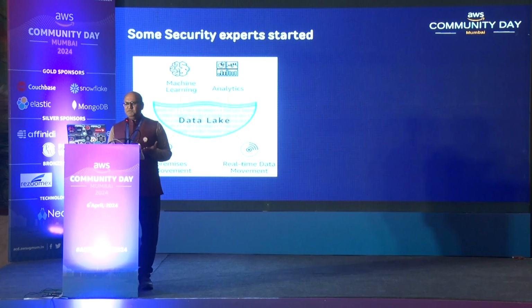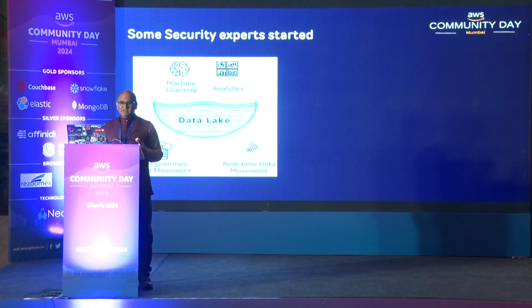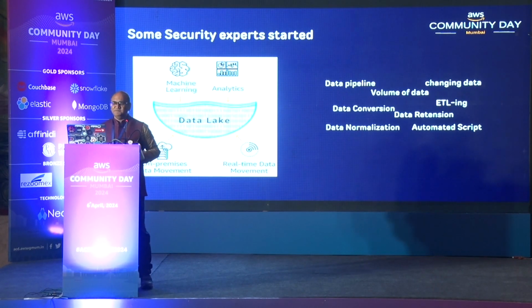By that time, before Security Lake, AWS had also introduced Data Lake way back. There you have some visibility of the data, you can control certain data, a lot of things are cheaper also, and there is some API-based access also. So data lakes are very good for any kind of data. So people started experimenting with data lake. Security data, they brought onto the data lake and started working on that, right?